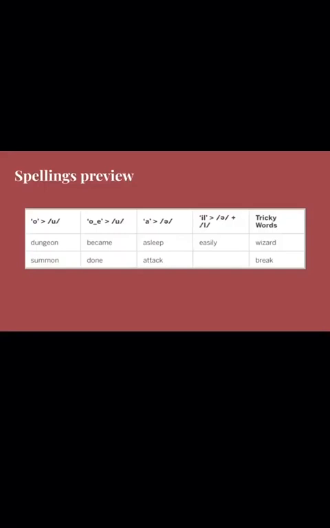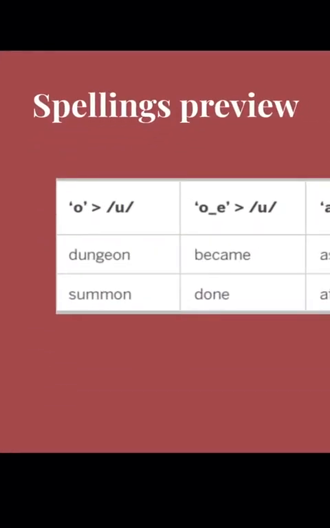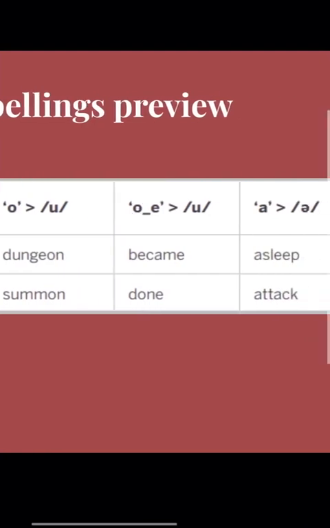Okay, let's go to our next slide and do a preview of our spellings that you're going to see. We have O, and it is making the sound in these words in our first column. We have dungeon, summon. Okay, next we have OE making the sound. Became. There's not an O in became, so I'm not sure why that's there, but it is. Next word is done.